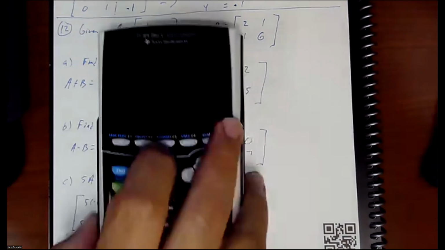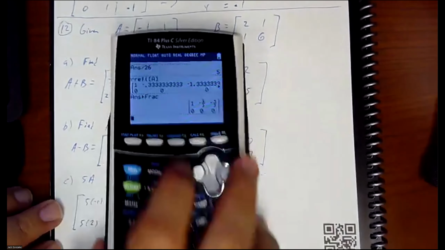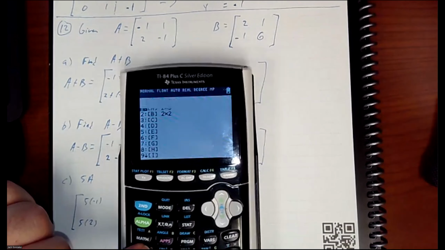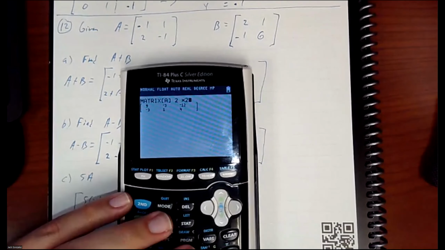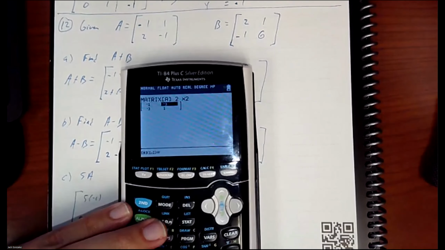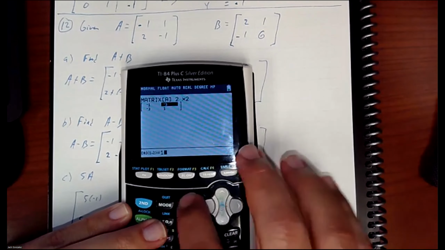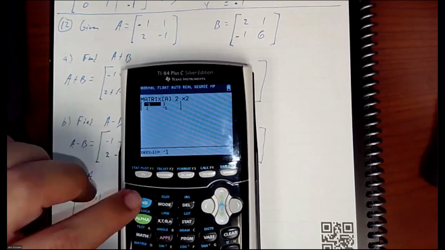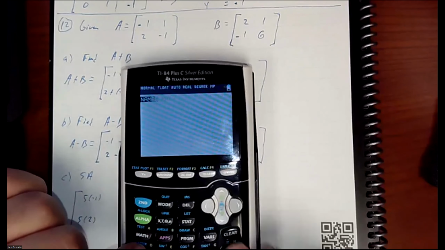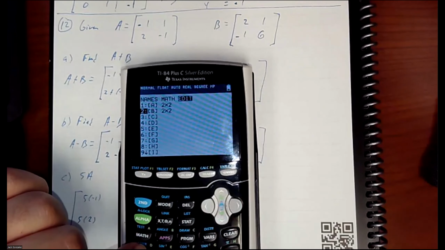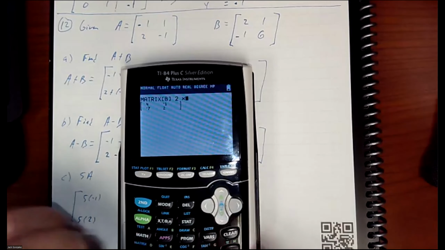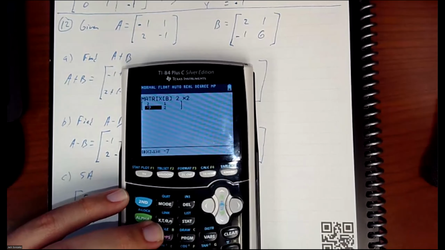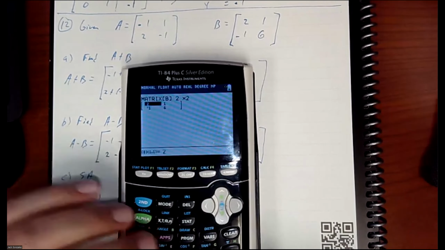Okay. Now, if you wanted to see how to do it in the calculator, define your A as 2 by 2: -1, 1, 2, -1. Then B is 2 by 2: 2, 1, -1, 6.